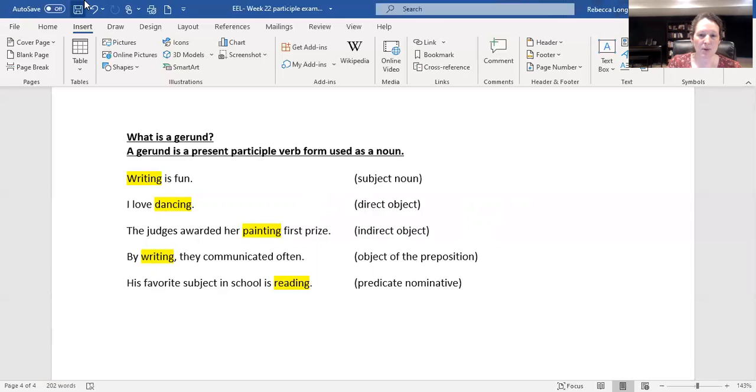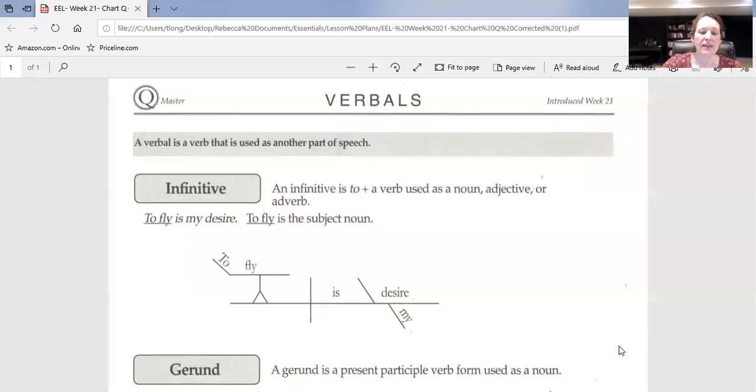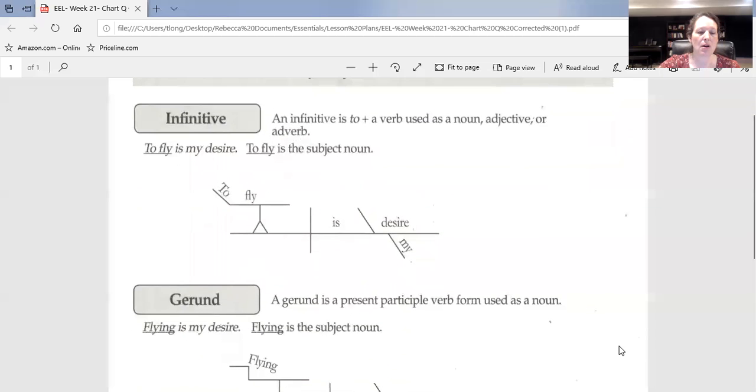I do want to take a moment to look at chart Q, because chart Q definitely helps us out. And chart Q helps us to see how these verbals are diagrammed. So if we look at an infinitive, notice here that the whole thing is up on stilts because it's the subject.